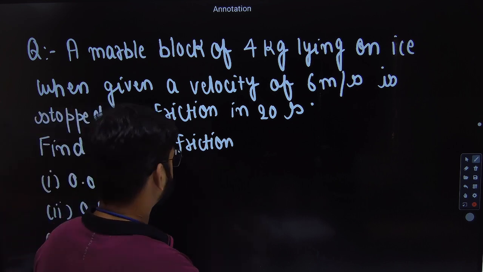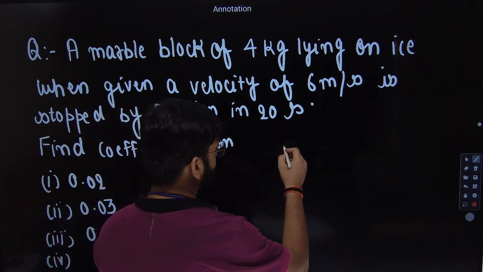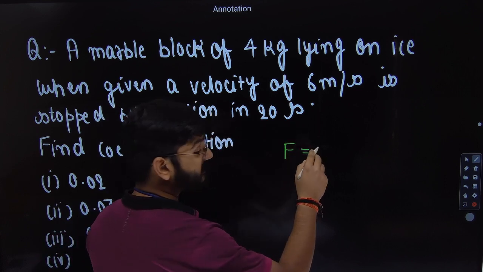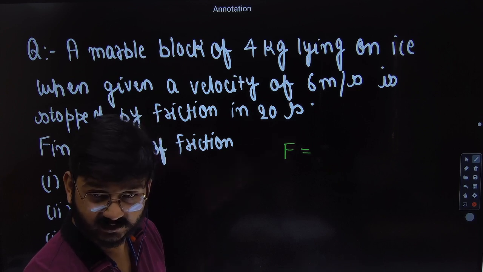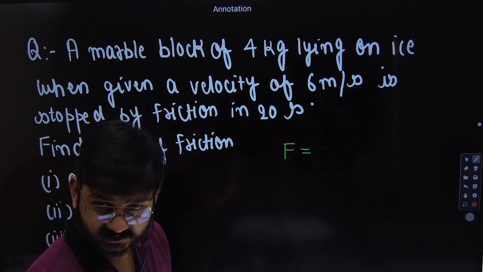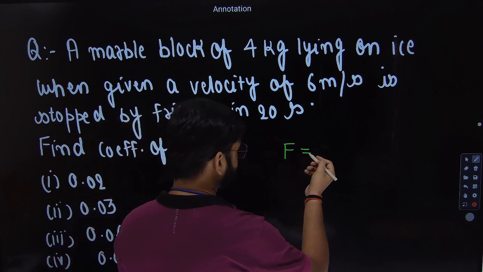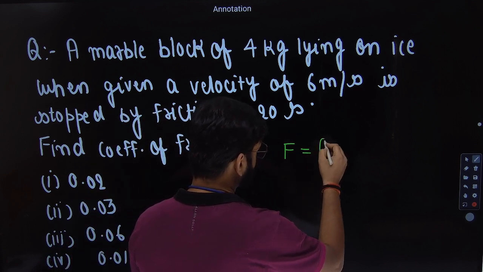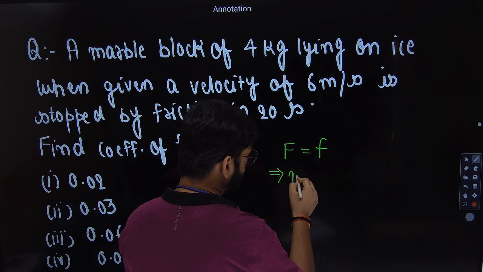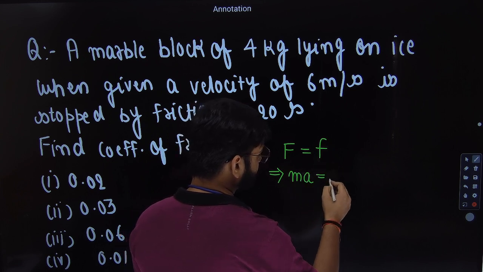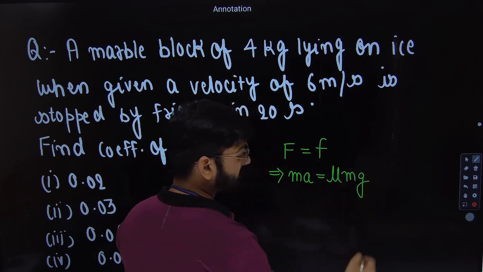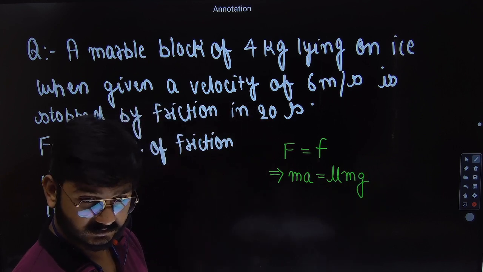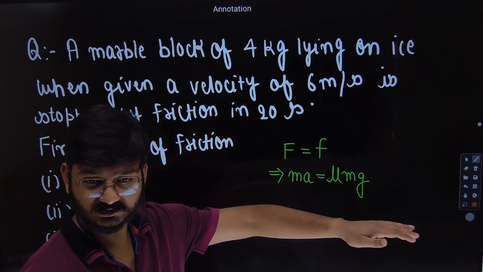Acceleration. The force which is stopping this will be the same as what? Friction. Friction is stopping it. So can I say that MA will be equal to friction, which is mu into N, and N will be equal to the weight of the object, since the object is lying on a horizontal surface?